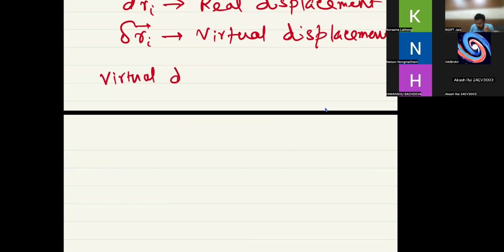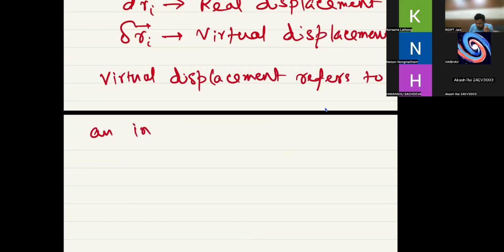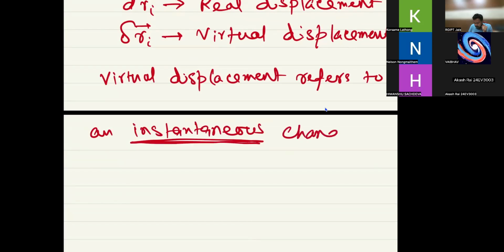Virtual displacement refers to an instantaneous, and I told you this is very important, this instantaneous term here, that instantaneous change in the configuration of the system.